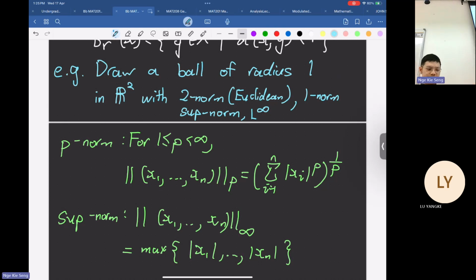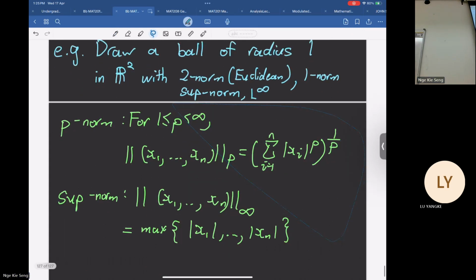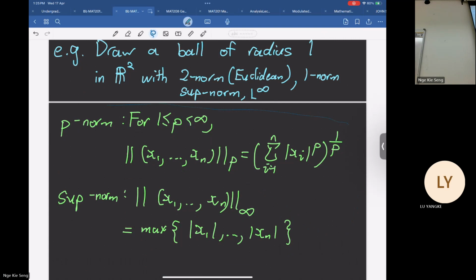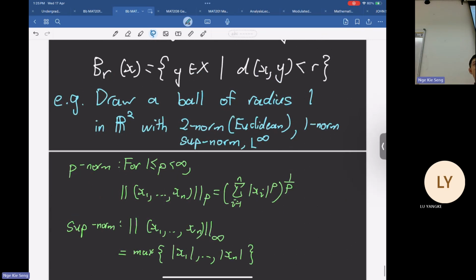Try and draw. See the definition? Oh, you mean this L infinity?